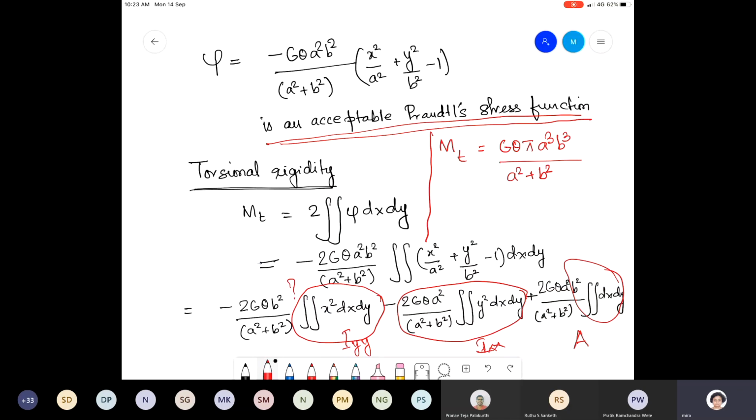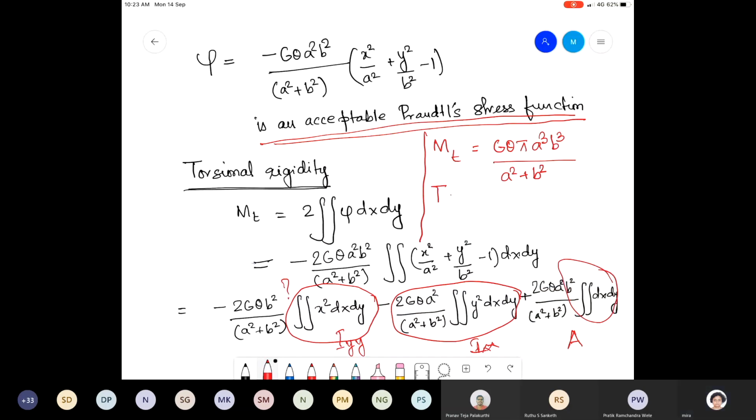Therefore, the torsional rigidity, okay. So this is going to be the torsional rigidity of the elliptical shaft. Fine. Any questions here?